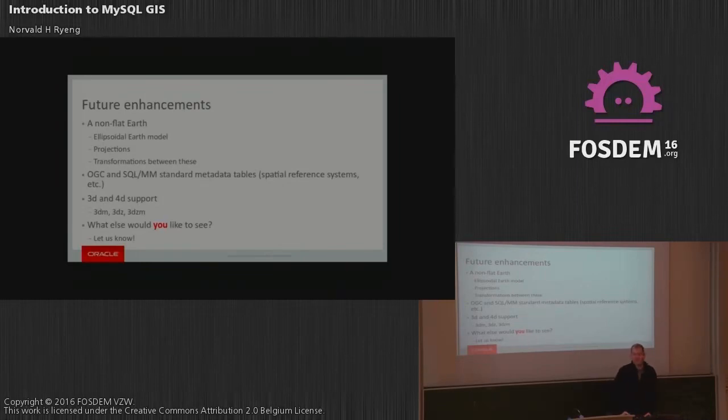So just adding data types might happen. If you add 3D, you might add 4D as well. But otherwise, if you have requests, we will be happy to take them. Because it's much better to have you guys saying what we should do instead of me telling you what you can do.